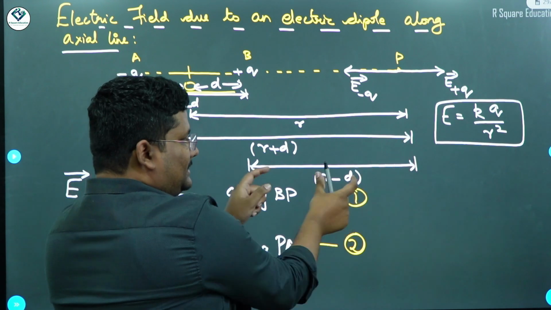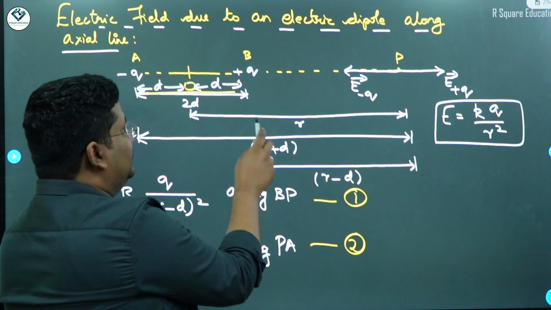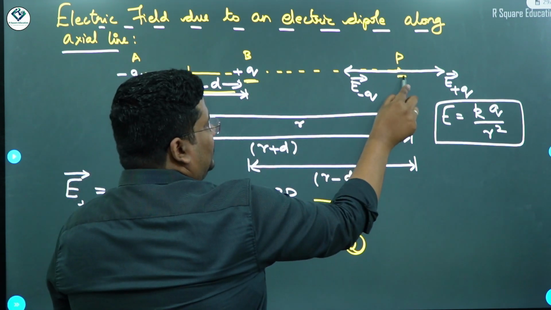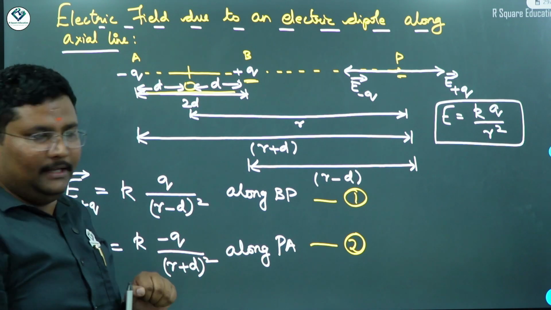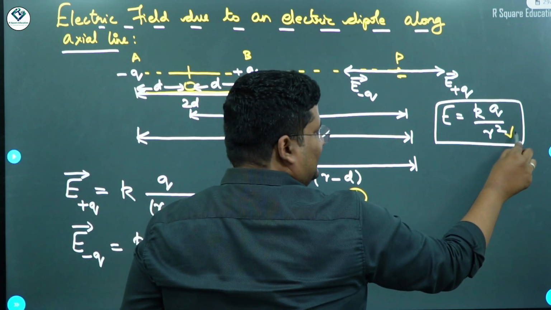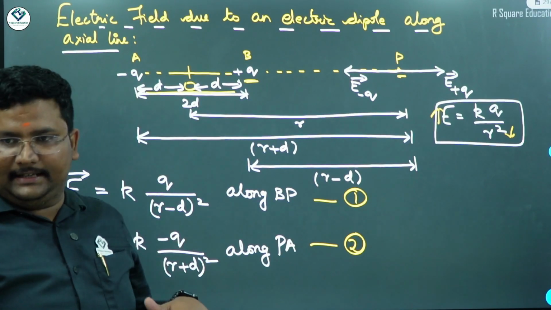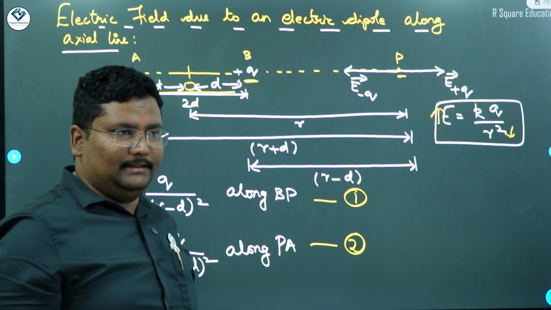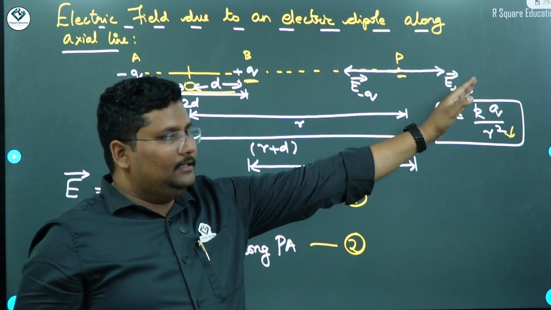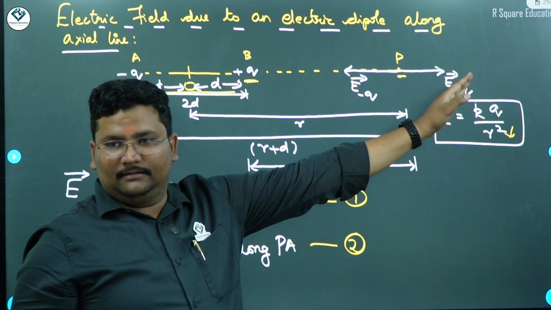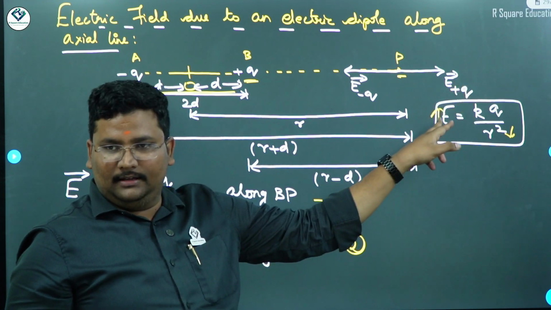The distance between the positive charge and this point is less when compared, right? If R is very much less, E will be high. So the net electric field after completing this derivation will be along which direction? Along positive direction. If the distance from the negative charge is more, the electric field will be less, right?